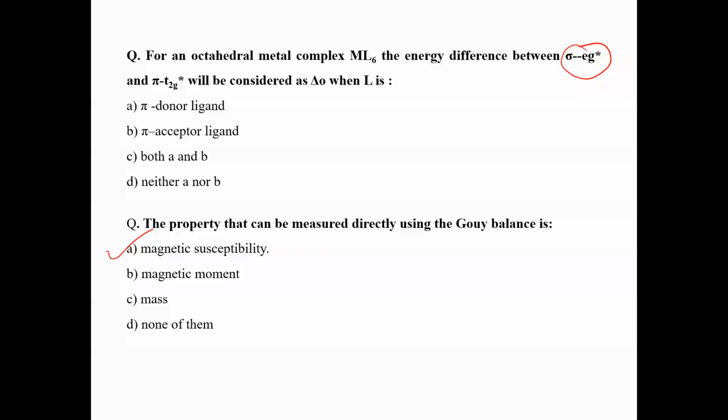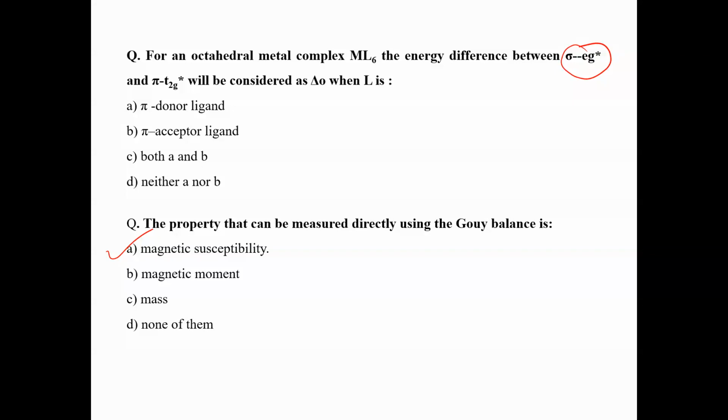If you are familiar with the LFT diagram of the octahedral complex in the case of pi bonding, how the splitting occurs, and what the impact will be if it is a pi donor ligand or a pi acceptor ligand.